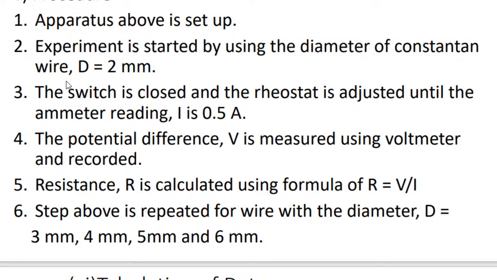So you can see here, experiment started using diameter of constantan wire, 2 mm. This is the first mark. Do you see how we write to get the first mark? Experiment started using, this is the name of the manipulated variable just now, which is diameter, and then the symbol you use for the variable, and then you write a value.